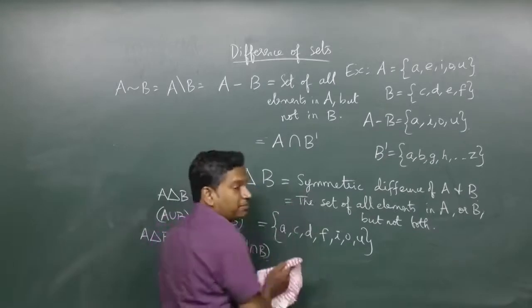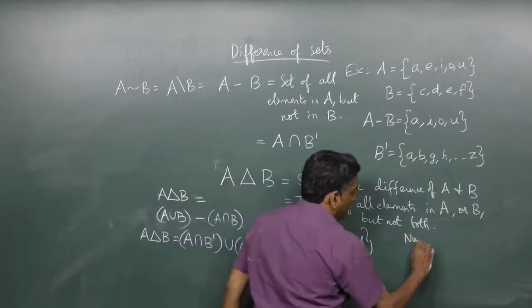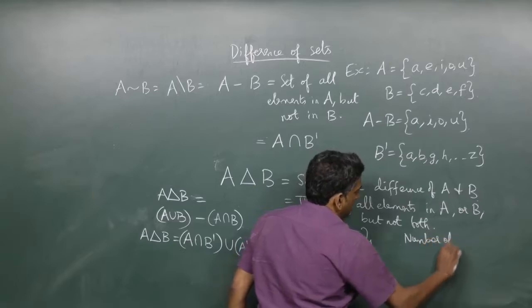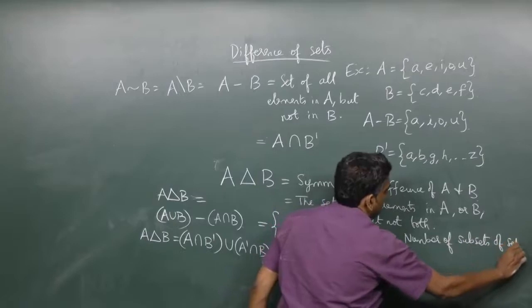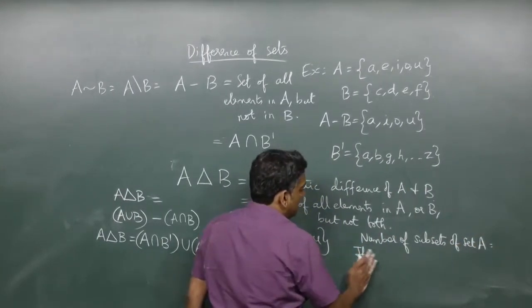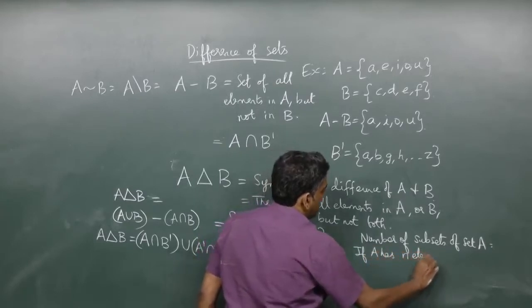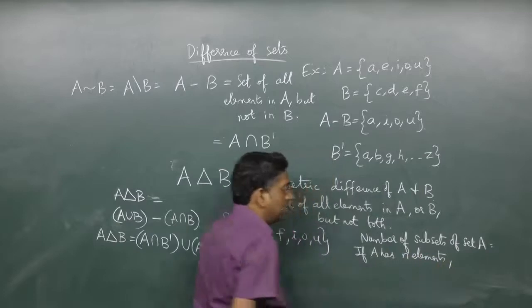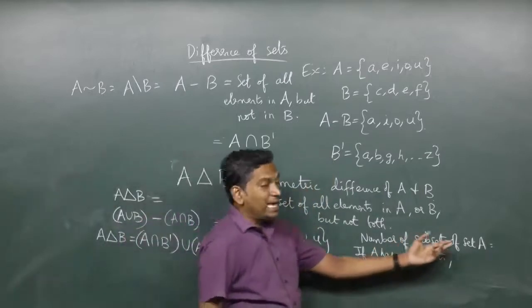One last idea that we need to know in sets is the number of subsets of set A. If A has n elements, then how many subsets will be there for set A?